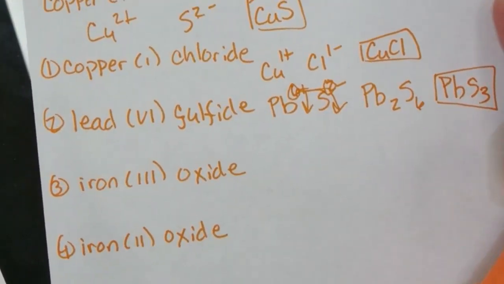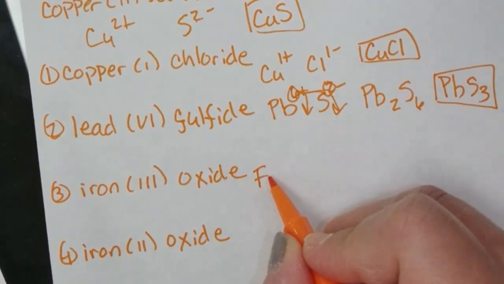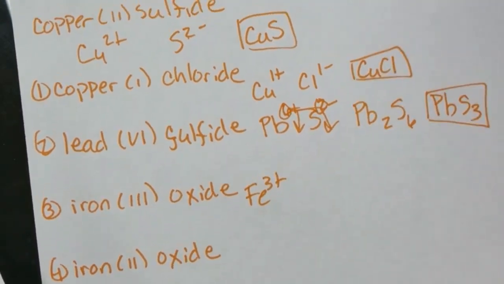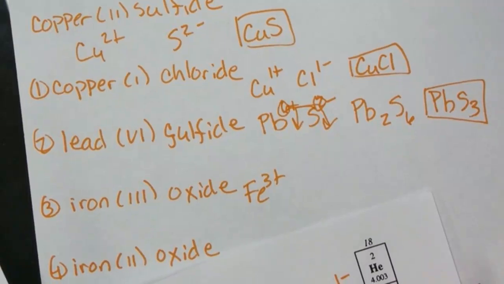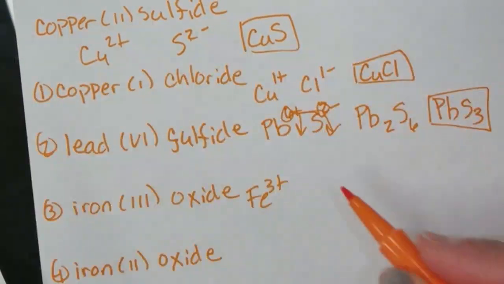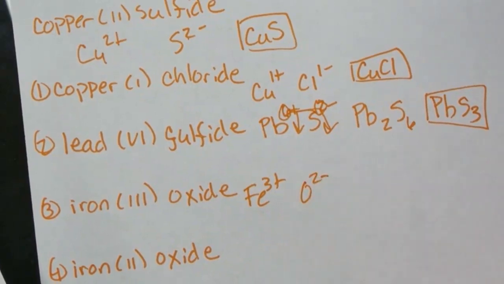Iron 3 oxide. So iron 3, Fe3+, and then oxide is going to be a 2-. Oxygen is a fixed charge.